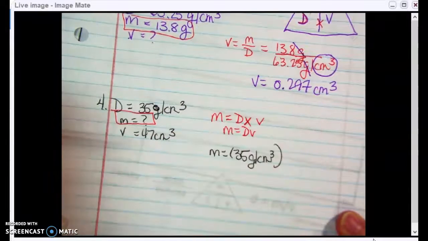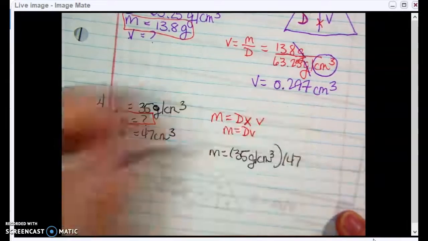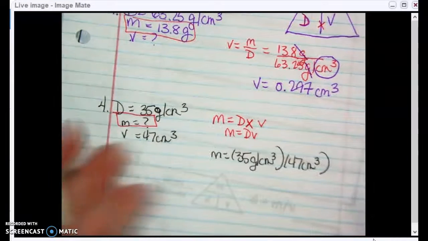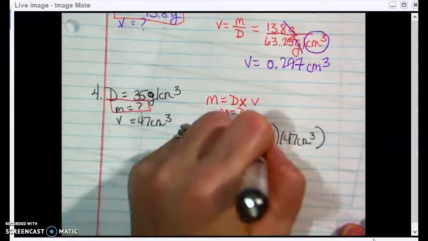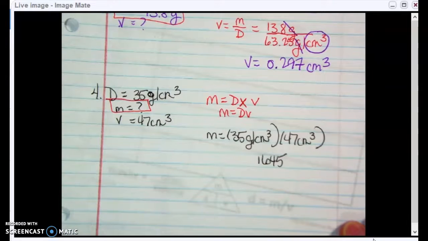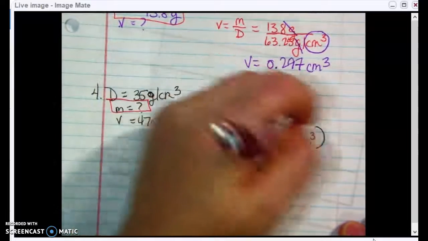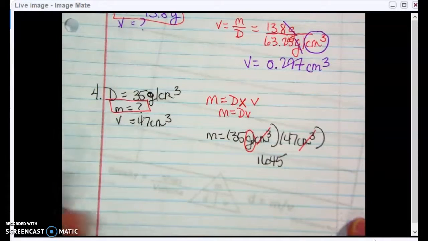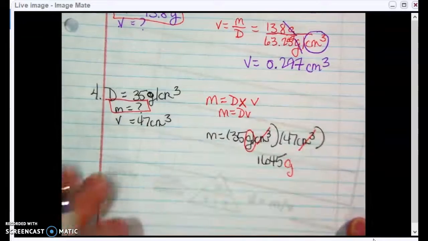And as I said, always write the units because it helps you figure out the problem. All right? If you multiply these two numbers, you get 1645. And if you cancel out the similar units, you end up with grams. So the answer is in grams.